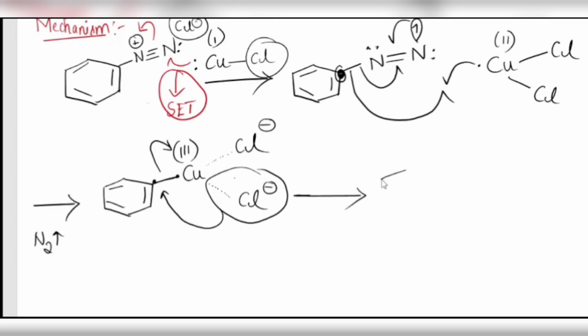Then copper will get converted into +1 oxidation state, and the formation of this carbon and chlorine bond we can see over here. Actually chlorobenzene will form over here, and copper with one halide is converted into +1 oxidation state, and these 2 electrons I will be writing like this.